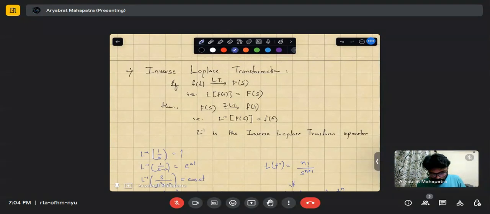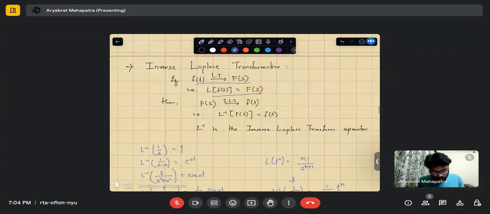If you started with the Laplace transformation from f of t to f of s, then the Laplace transform of f of t is your f of s. But if you want to go from f of s back to f of t, you use the inverse Laplace transformation.